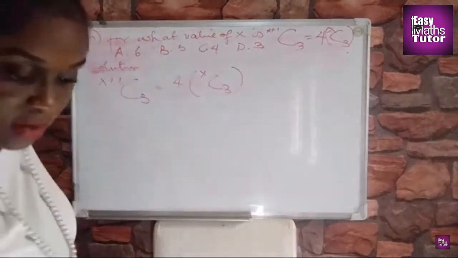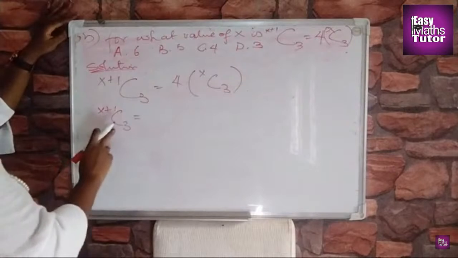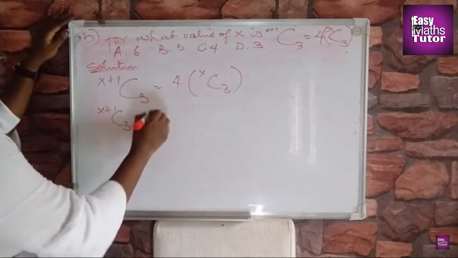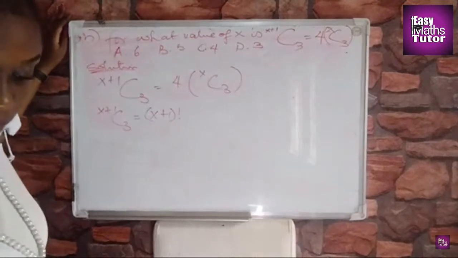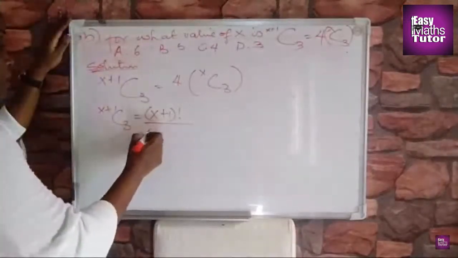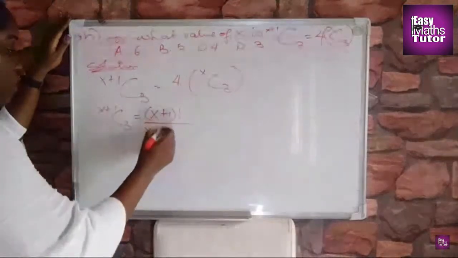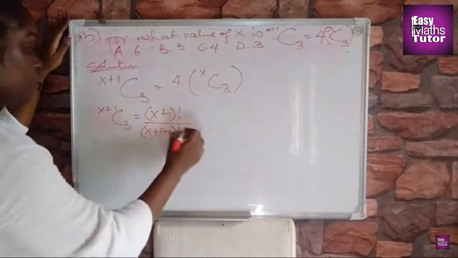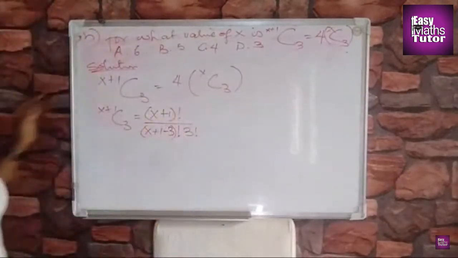So let's remember our formula for combinations, okay? x plus 1 combination 3 will be x plus 1 factorial all over x plus 1 minus 3 factorial times 3 factorial.